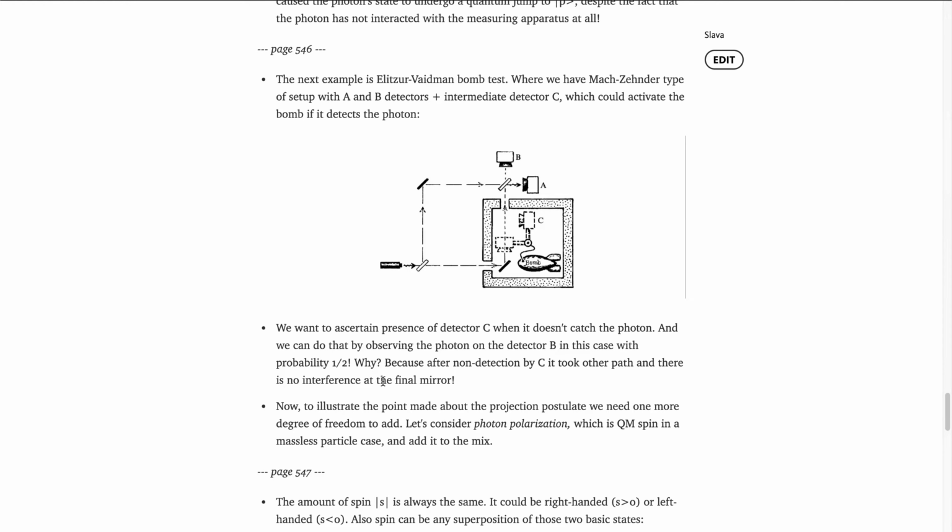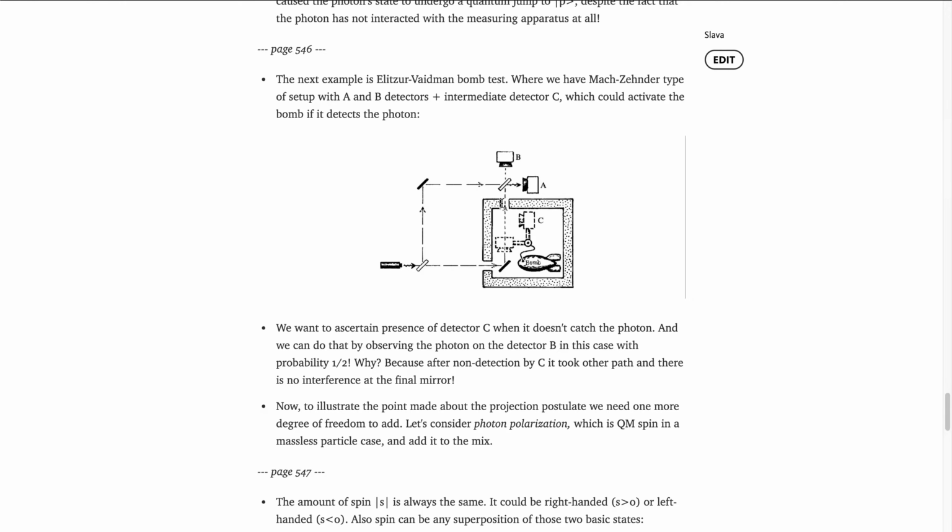And why could that happen? Because after non-detection by C, so the bomb hasn't exploded, right? It is guaranteed that it took the other path and there is no interference now at the final mirror, and therefore that part of the photon, after the collapse done by non-measurement at C, will just go through that left hand path, and just one part of the wave function will hit the final mirror.